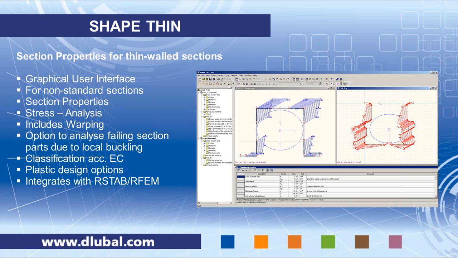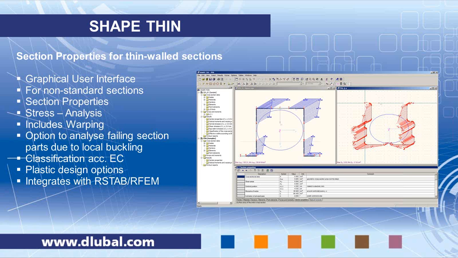Shape-thin also allows you to enter internal forces and to get stress analysis. It includes warping, and it's also capable of checking for local buckling and analyzing the failing section parts on a cross-section.